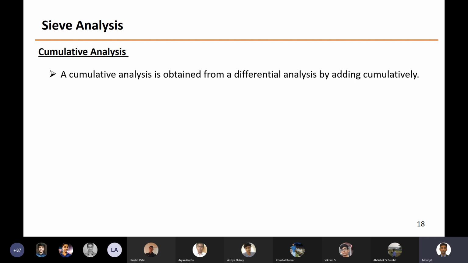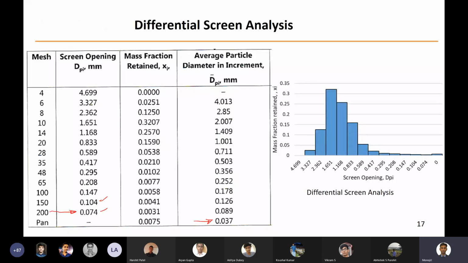But before going into the cumulative analysis, I forgot to mention one thing. For the differential analysis, why do I have this thing as blank? I just forgot to mention. So all the particles pass through. How will you find out the average size of the particle written on that specific screen? So the topmost one, right? Yeah, the topmost one.